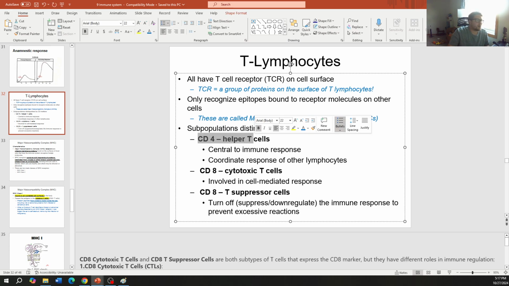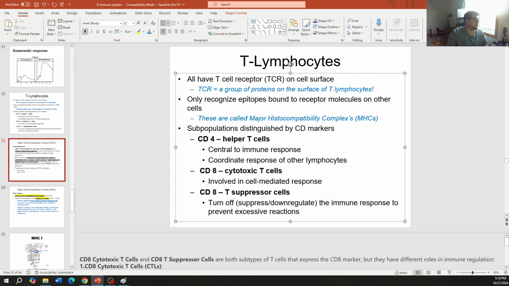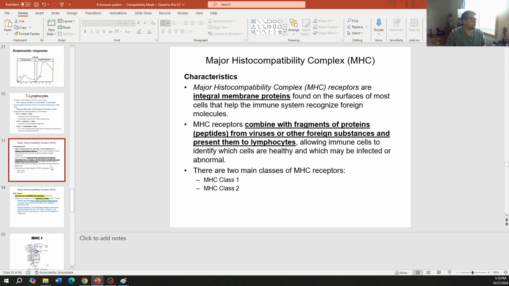So CD4 are our helper T cells. They are central to the immune response and coordinate the response of the lymphocytes. We have two different CD8 types: cytotoxic T cells and T suppressor cells. The cytotoxic T cells are involved in the cell-mediated response. The suppressor cells suppress or down-regulate the immune response to make sure it's not an excessive reaction.